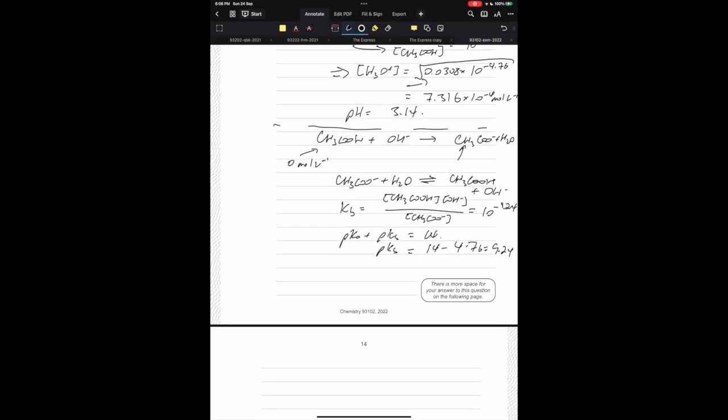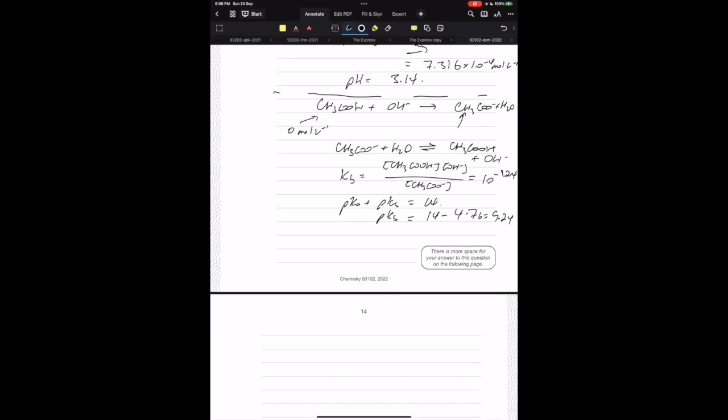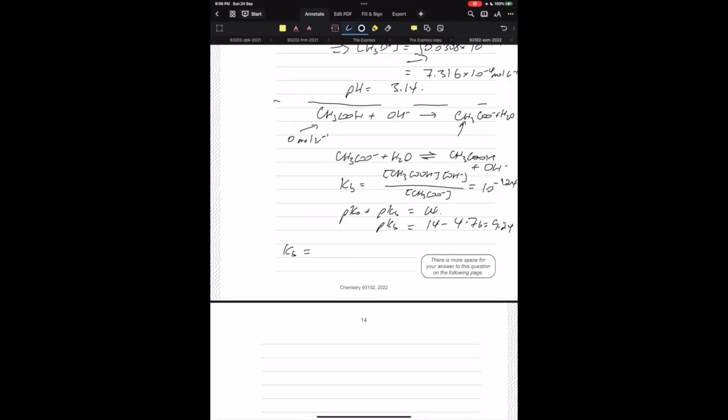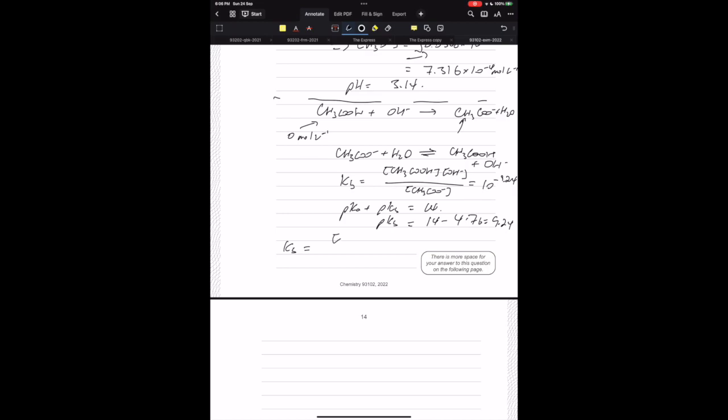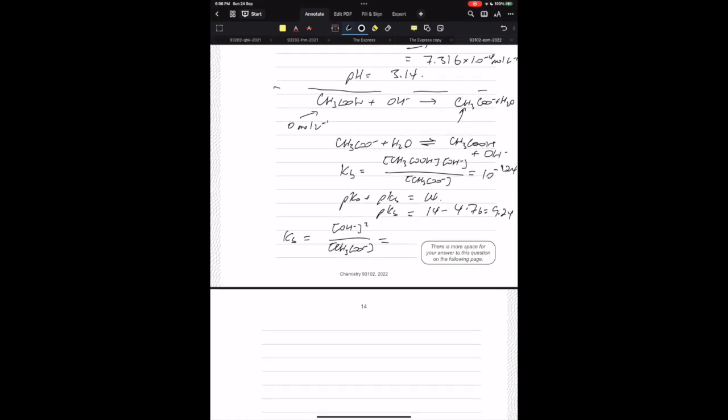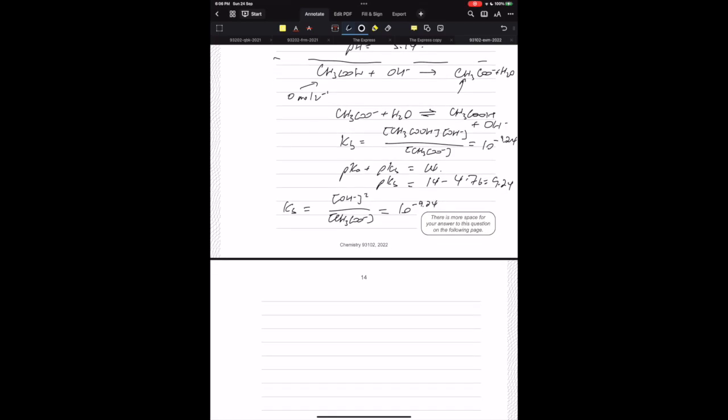Okay, great. And in the case of Kb here, the ethanoic acid concentration is the same as the hydroxide ion concentration. So it's the same logic. So it's the hydroxide ion concentration squared divided by the ethanoate concentration, and that is equal to 10 to the negative 9.24. So now we just have to figure out what is the concentration of the ethanoate ions.